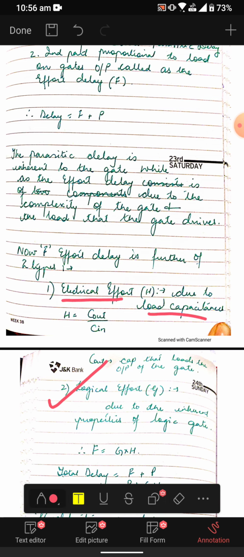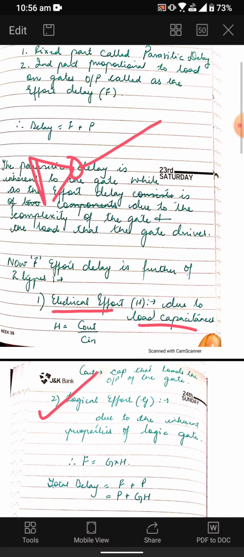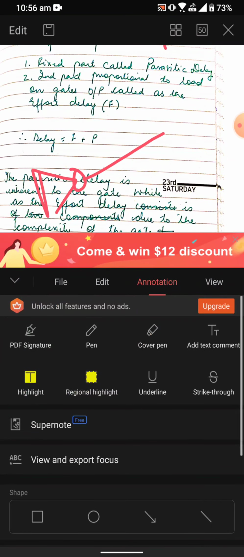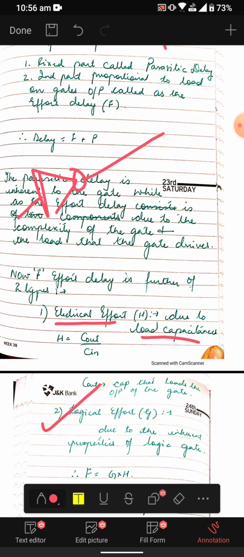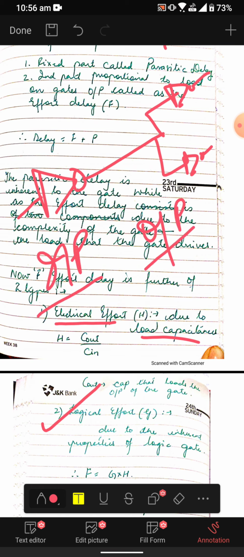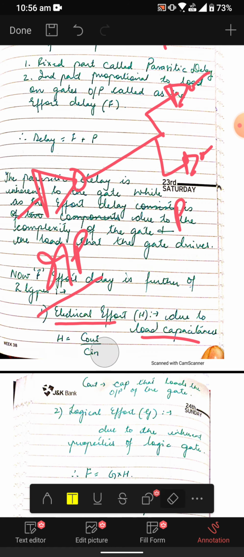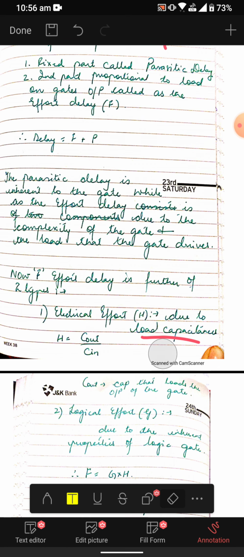Electrical effort is due to the load capacitance. For example, if my circuit is something like this, then how much capacitance is at the input and how much capacitance is at the output, that ratio, the ratio of the capacitance at the output to the input, gives you the electrical effort H. So the ratio of the load capacitances on the output and input side gives us the electrical effort H. Then we have the second one, which is called the logical effort.